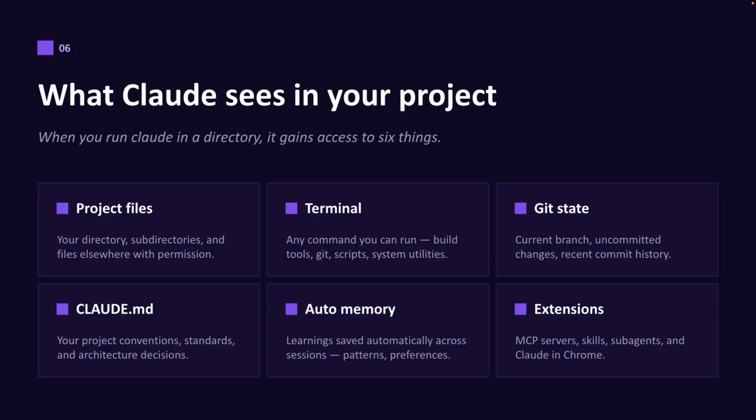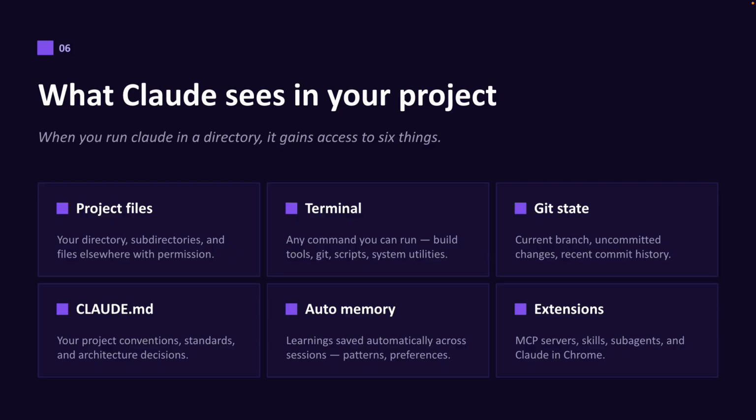Then a very important file, CLAUDE.md, a markdown file where you store project-specific instructions, conventions, and context that Claude should know every session. We will discuss CLAUDE.md in detail in a later section as well. And then we've got auto memory: learnings Claude saves automatically as you work, like project patterns and your preferences.